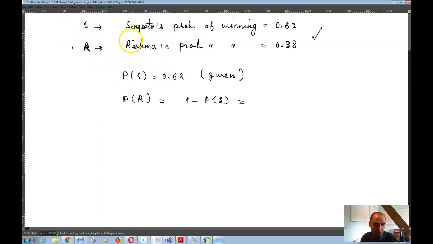These two would be complementary events, meaning Sangeeta winning the match and Reshma winning the match. So 1 minus P of S is equal to 1 minus 0.62, which is equal to 0.38.